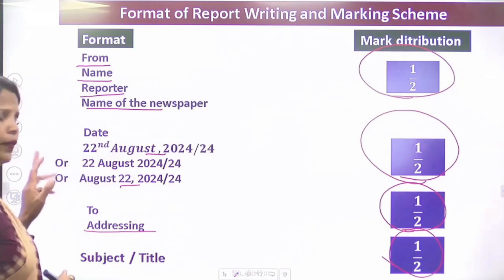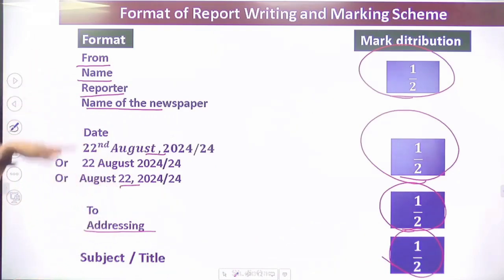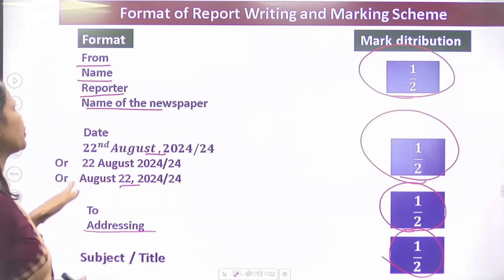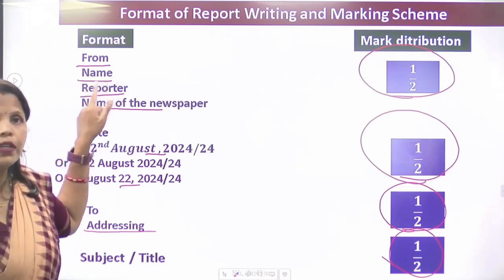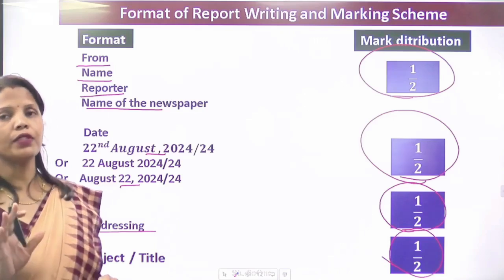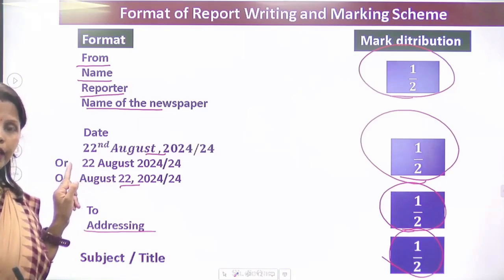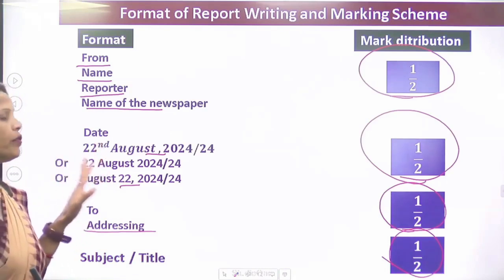I think everyone has written it down. Let me repeat again. From the very beginning, on the left side, report writing starts. First comes From, then Name, then Reporter, then the name of the newspaper. Thereafter the date; you can write any one form of the date.